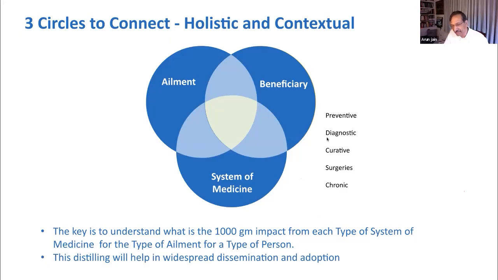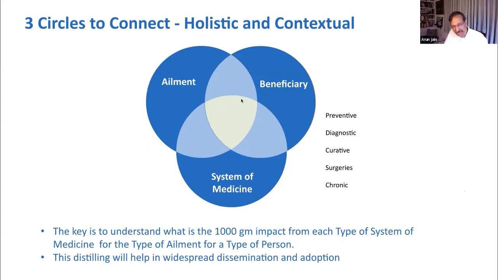Like diagnostic systems of today, which are very scientific, image-based systems, versus my knowledge-based or pulse-based systems. In what situation is the pulse-based system superior to the imaging-based systems? We need to understand that, and the impact they create at the intersection of this.